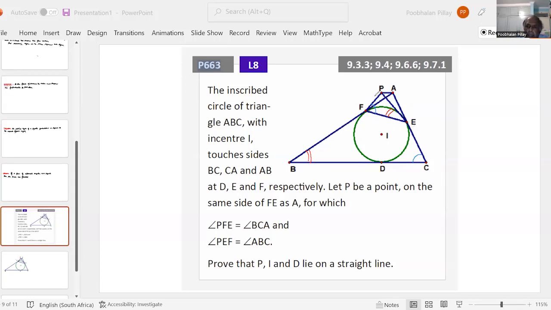One is that the small triangle, I mean PFE, is similar to triangle ABC, because two angles of one triangle are equal to two angles of another. The third angle in the large triangle ABC and in the small triangle will have to be equal because the remaining two are equal. So these two triangles are similar. That's one conclusion.